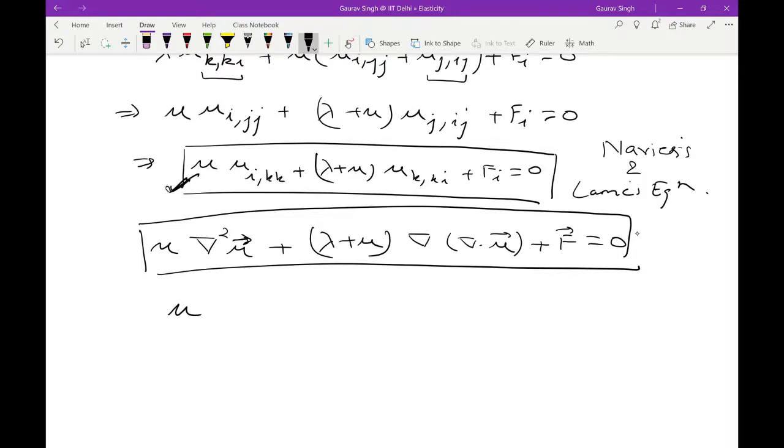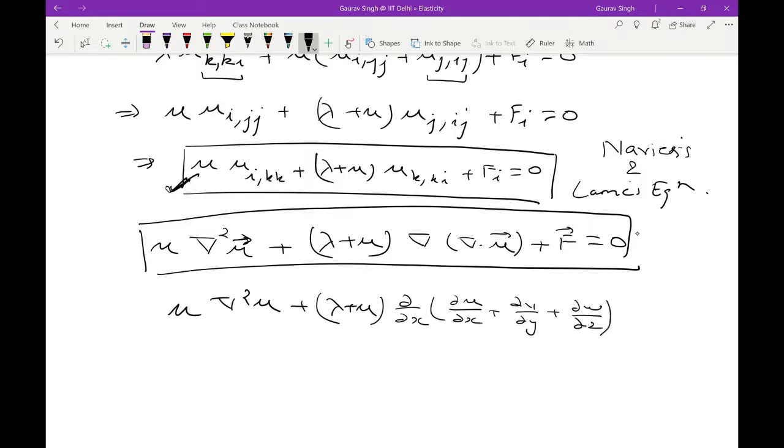So that would be mu into Laplacian of u plus (lambda plus mu) times the derivative with respect to x of (∂u/∂x plus ∂v/∂y plus ∂w/∂z) plus f_x is equal to 0.